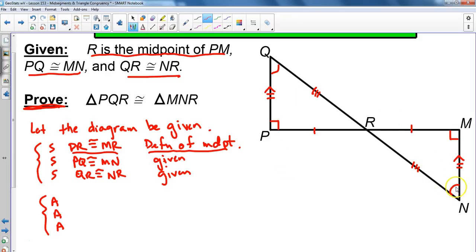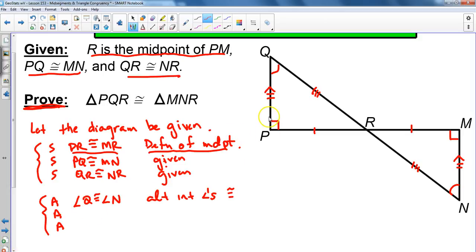So if I look at the relationship between this angle and this angle, angle Q is congruent to angle N. And I can say that because those are alternate interior. I've got parallel lines cut by this transversal NQ, which creates alternate interior angles. And I know that alternate interior angles are congruent. So that's my first line of reasoning and my first pair of congruent corresponding angles.